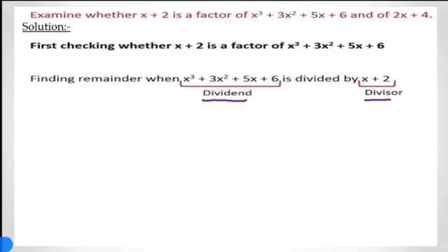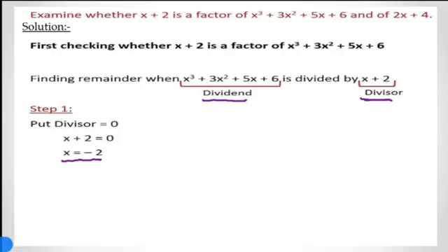In the first step we need to equate the divisor to 0. So x plus 2 equals 0, and solving for x, we get x equals minus 2.